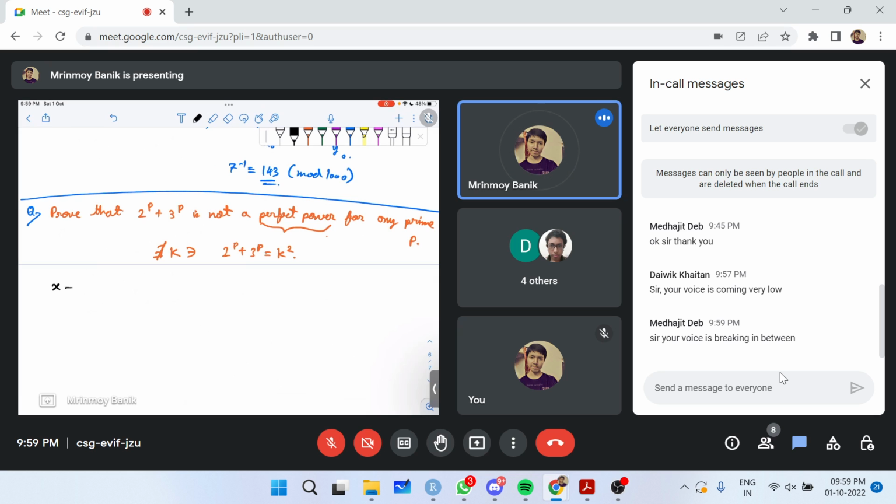The hint is x^a + y^a is equal to (x + y) times (x^(a-1) - x^(a-2) y + x^(a-3) y^2 - ... + y^(a-1)). This is only true when a is odd.